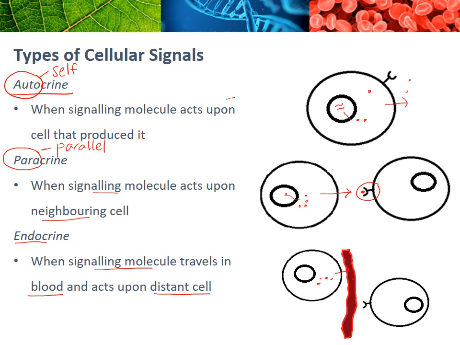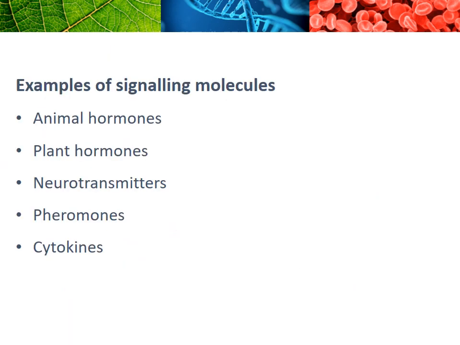Okay, so signaling molecule is made, it leaves the cell, it enters the bloodstream, travels in the blood, and then when it finds a cell, again with the same receptor, it will bind to that. Okay, and when we look at the examples in a minute, you may recognize some of these, but like I said, the endocrine system, if you remember, is responsible for.